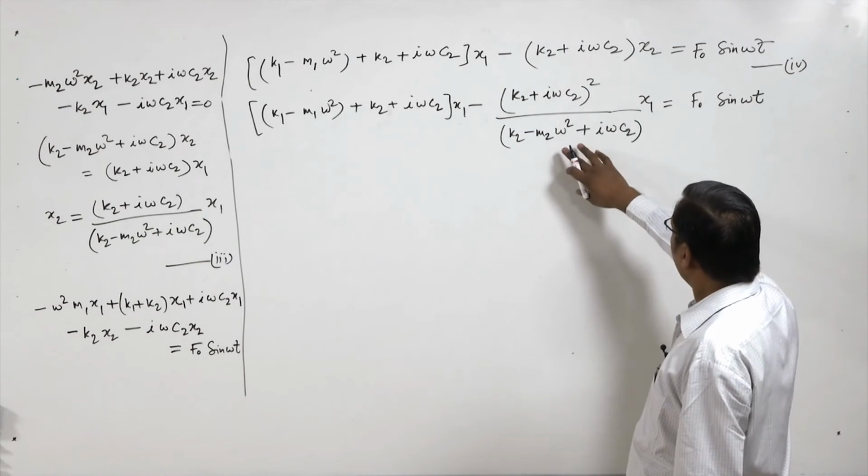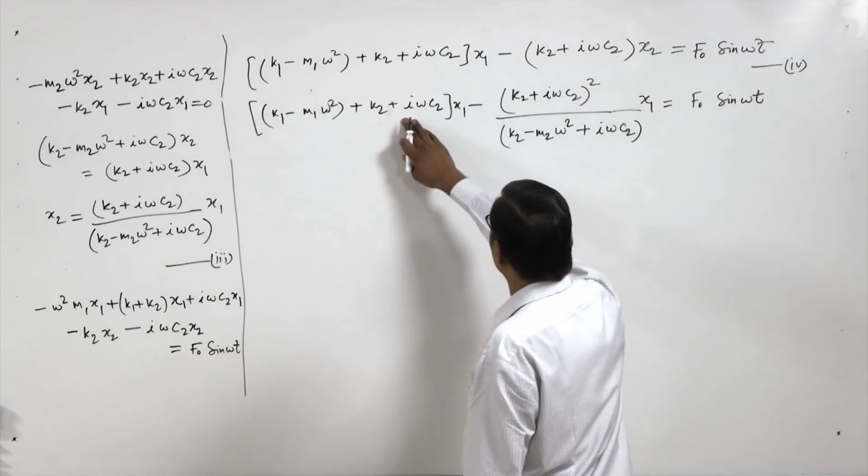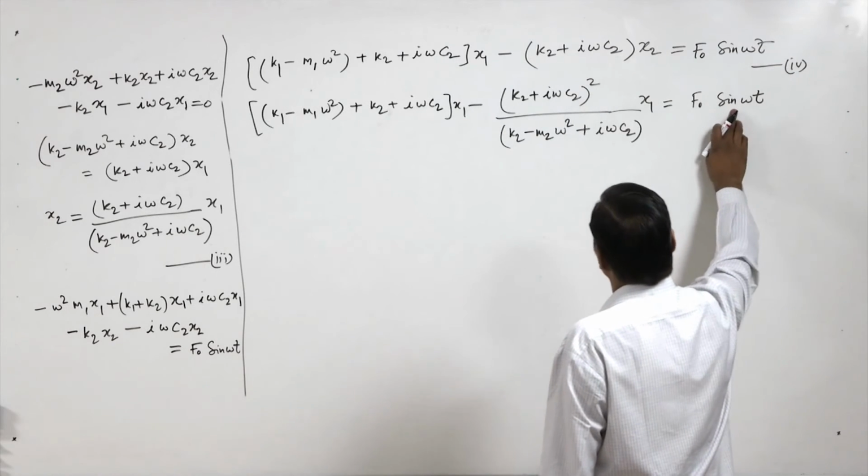Now we multiply this denominator term here and here and here.